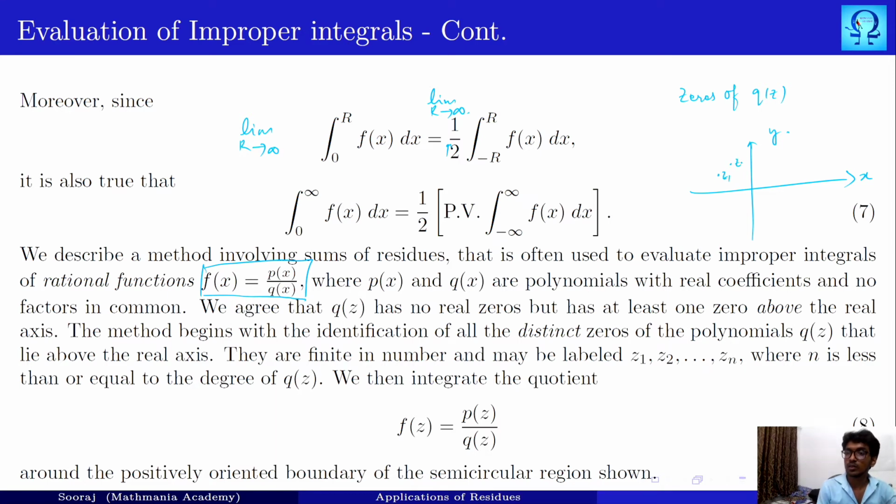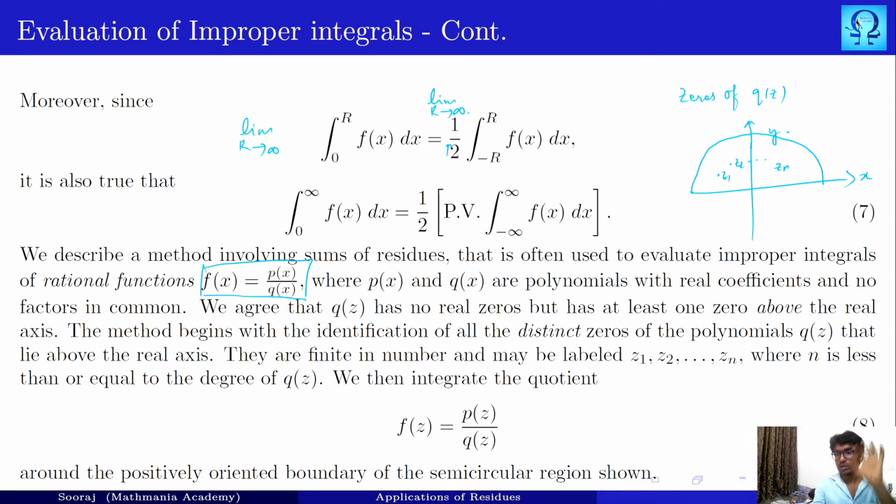let us name them as distinct roots, z1 to zn. They may be anywhere. Now we'll have to choose some r such that in the semicircle all the roots are covered. In order to obtain a semicircle of this form, you can choose the radius to be however large you want.